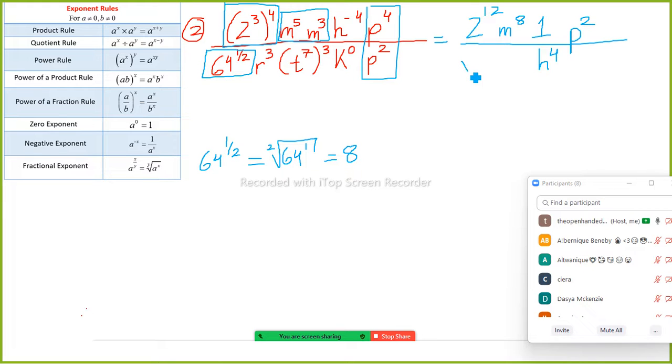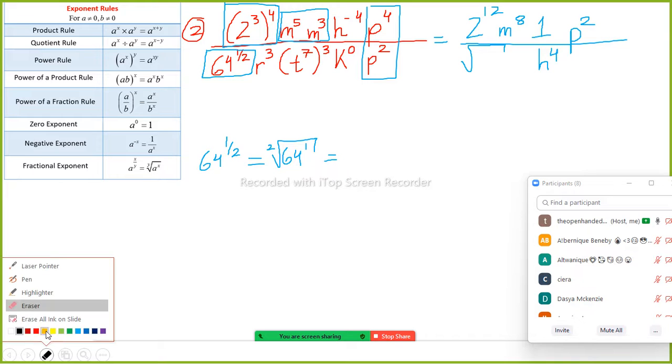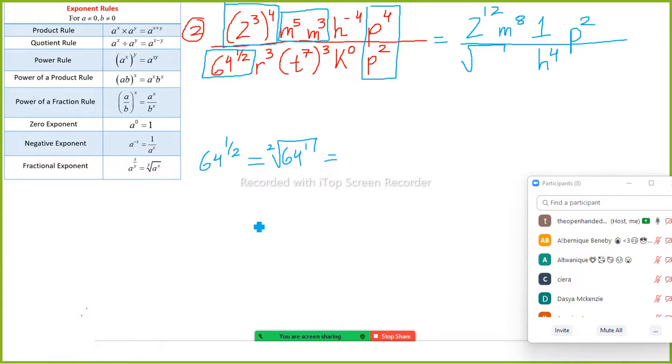Let me make sure I write this correctly, because when we have a 2 out front, remember I told you all that the second root is essentially the square root, and we do not write the 2. Same thing for the 1. If it's 64 to the power of 1, we don't write the 1, because 64 to the power of 1 is still 64.